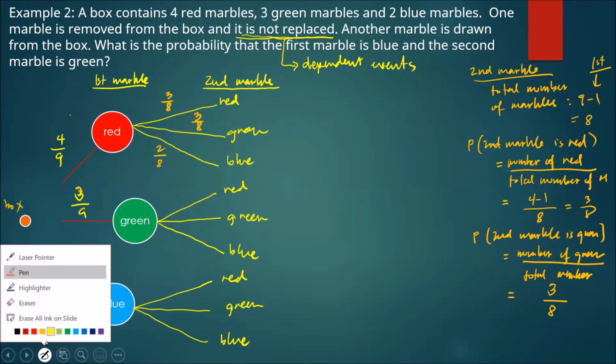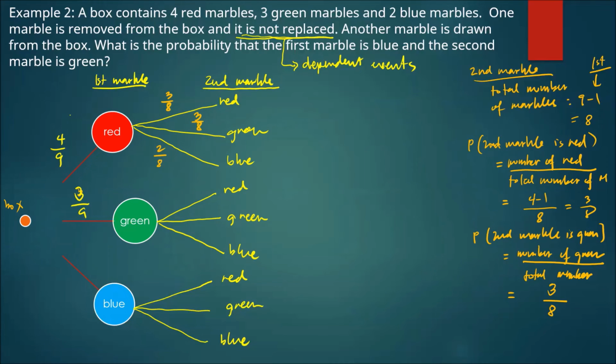Now, if our first marble is green, what's the probability that our second marble is red? Since the first marble is green, then therefore the number of red marbles inside the box will still be 4, right? So that will be 4. But this time, since we remove 1 marble from the box, then therefore the total number of marbles inside the box will now be 8. Okay? Because we did not replace the first marble.